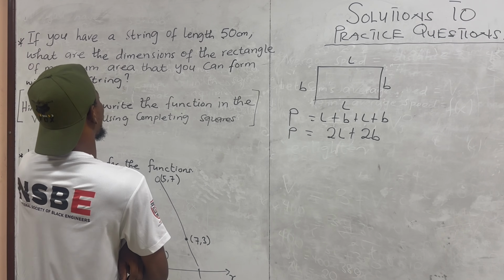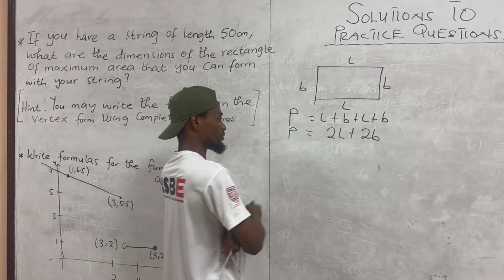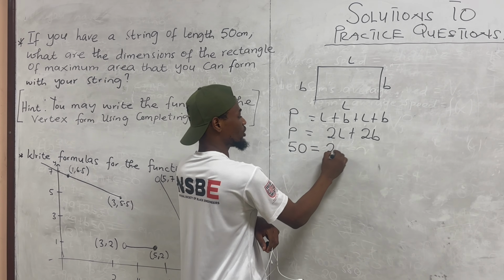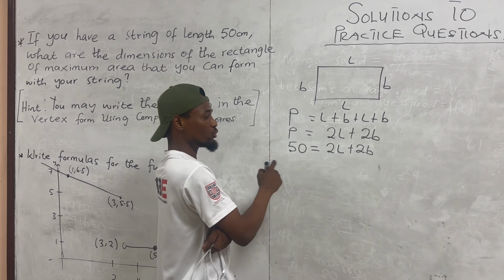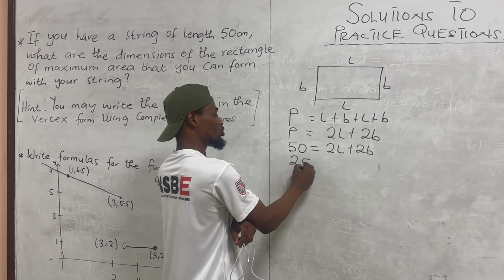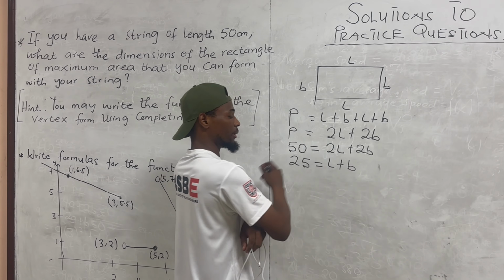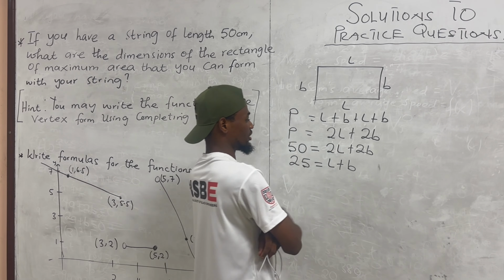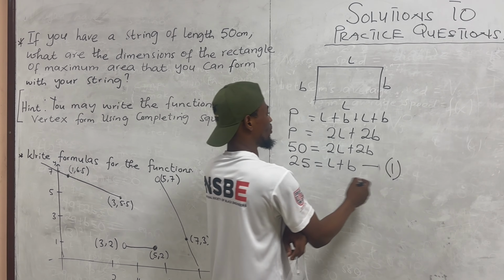If you have a string of length 50 centimeters, that will be my perimeter. So 50 is equal to 2L plus 2B. If I divide by 2, I have 25 equals L plus B. Let me call this equation 1.